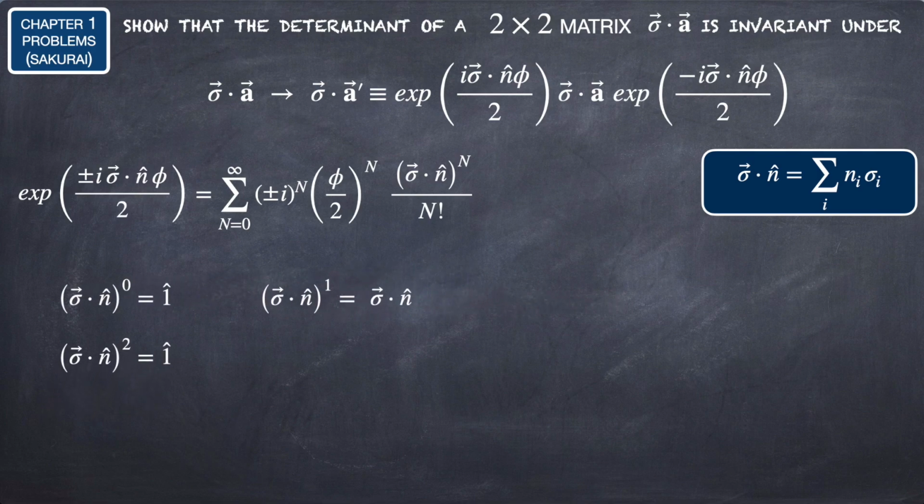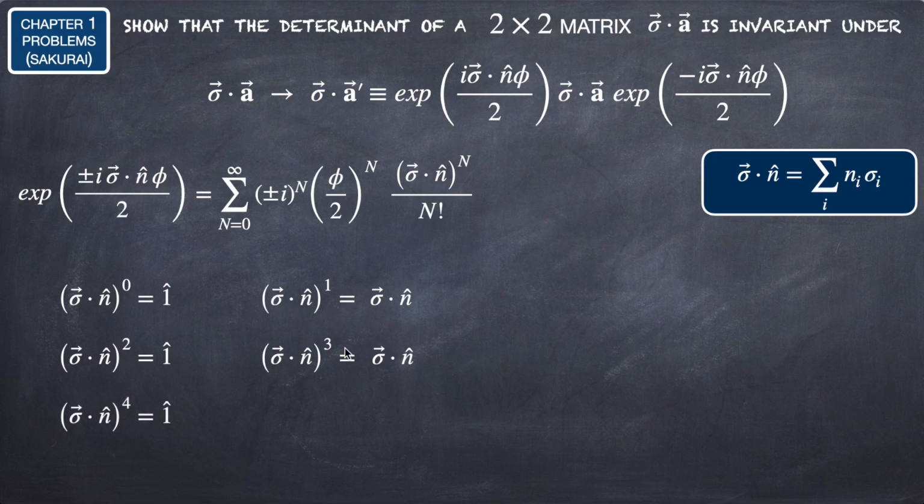Okay, now let's try to find a pattern among even and odd values of n. If you calculate sigma n to the power of 3, we can easily calculate that by multiplying this equation by sigma n. If you do that, you will get on the left-hand side sigma n to the power of 3, and it will be equal to sigma n.